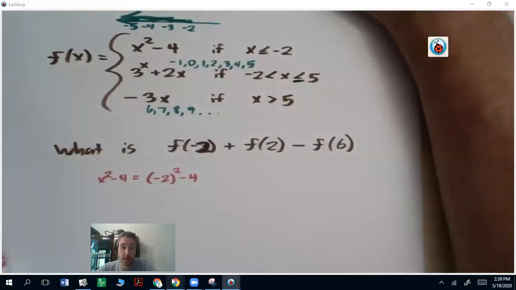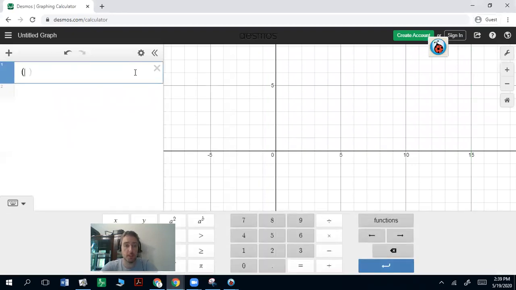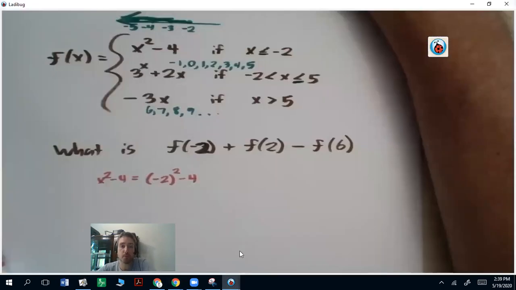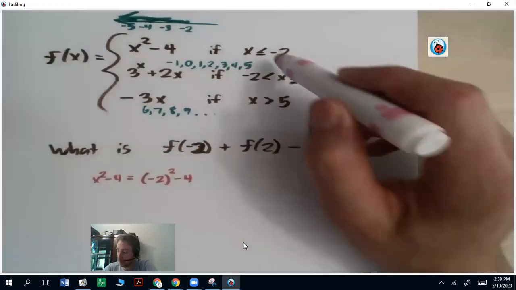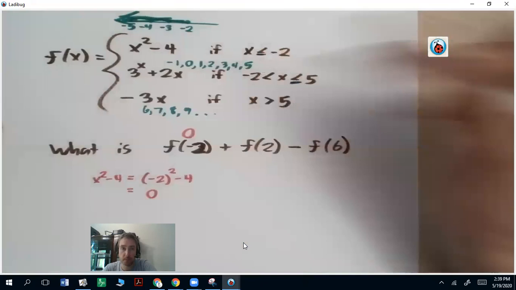And we can check that with a calculator. So negative 2 squared, parentheses, negative 2, shift 6 squared, minus 4, well, that's going to give me 0. So f of negative 2 is 0.